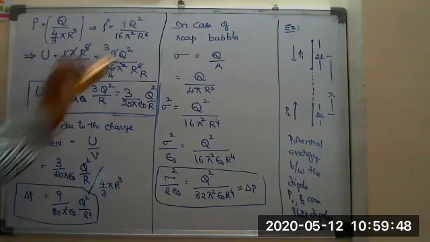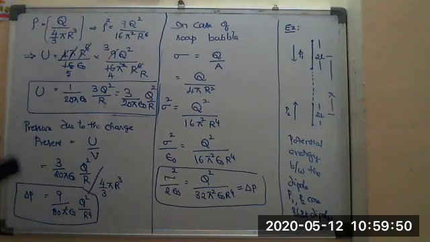By this, we completed the concept of potential and potential energy. Then we have to enter into a new concept of this chapter, that is capacitance. In the meanwhile, take the points and ask if you have any doubts here.